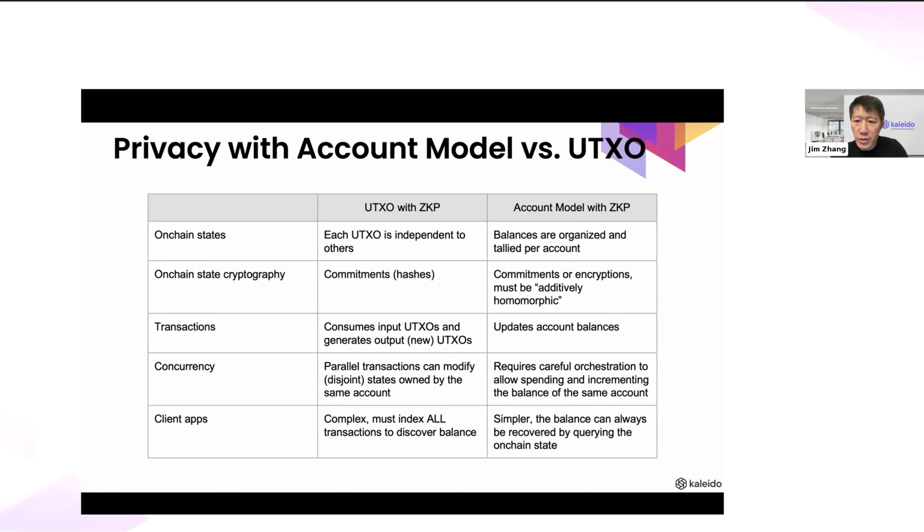Whereas if you use an account model, and we've seen this with anonymous Zether in our last session, updating an account balance requires careful coordination, because a zero-knowledge proof that's part of the transaction payload must be generated based on the latest balance that the smart contract will be using to validate the zero-knowledge proof.